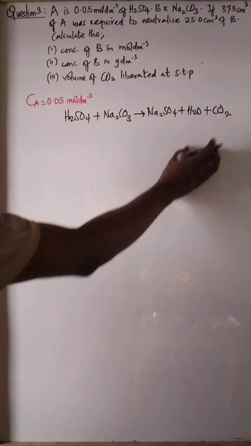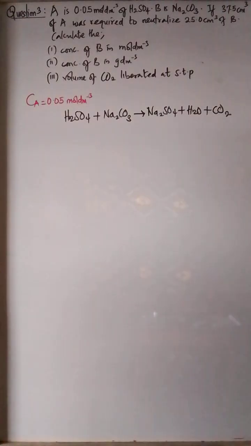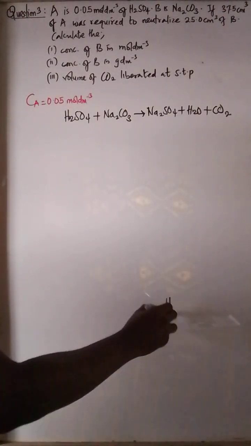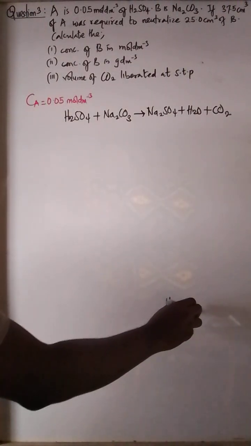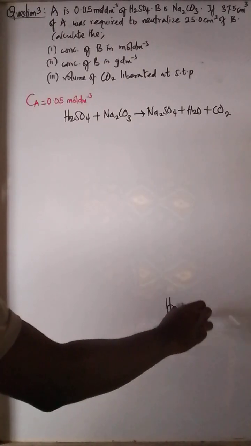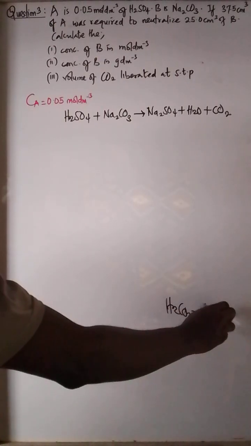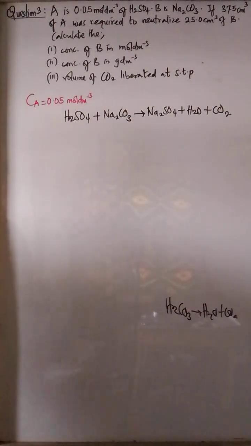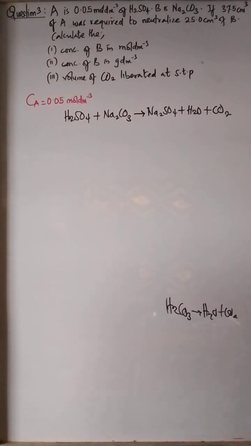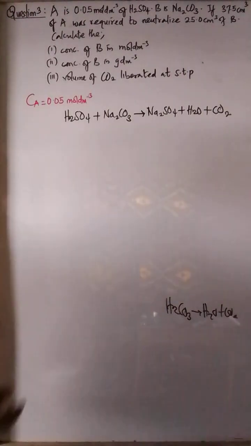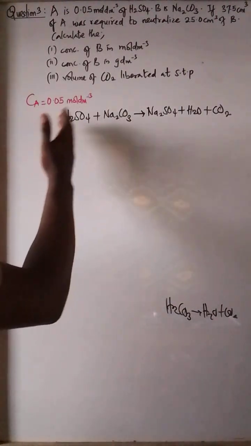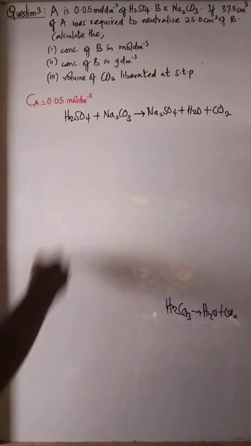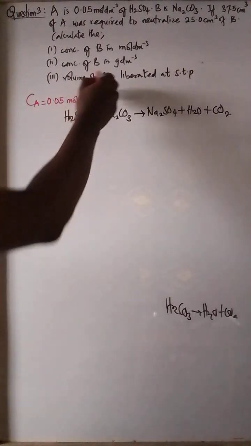I've explained in previous lessons that anytime we have this acid H2CO3, it decomposes to give us water and CO2. It's a weak acid which ionizes partially. I think it's balanced, so that's 1:1: Na is 1, Nb is 1. Let's continue the solution.